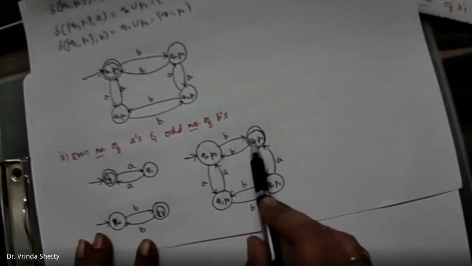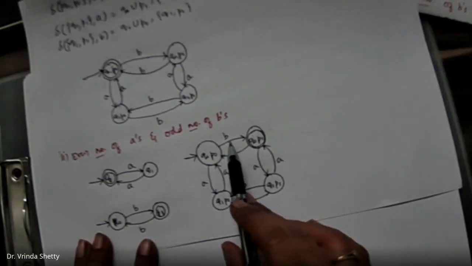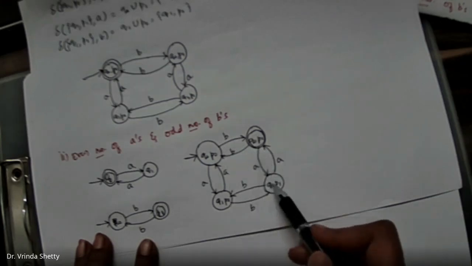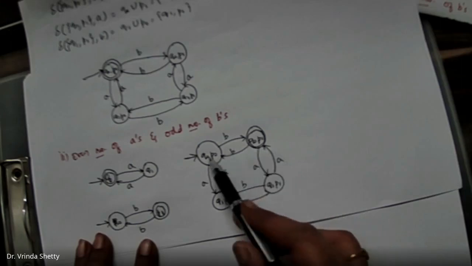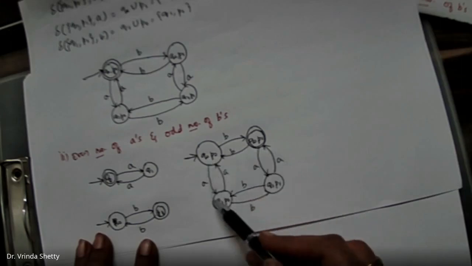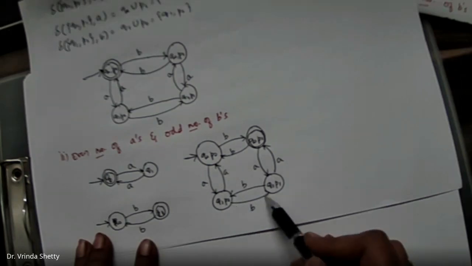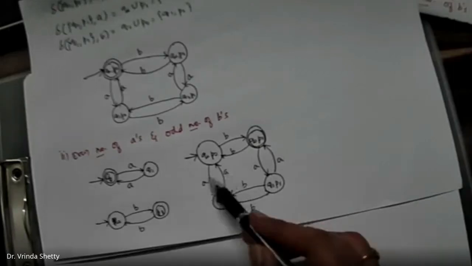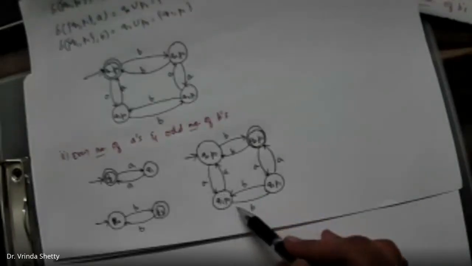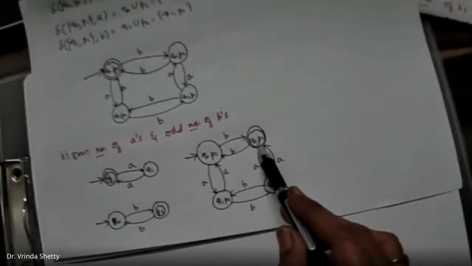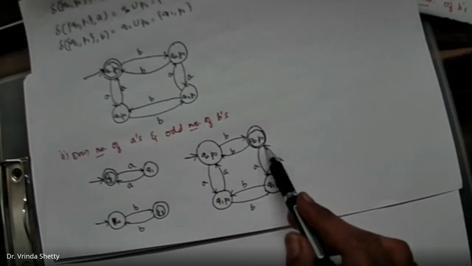Check here. One B, simple way. One B, what is it doing? It is going to odd number, it is going to the final state. Even number of A's, go here, non-final. Again, go here, final state. If you come in this fashion also, 1, 2 A's, then 3, 1 B, then go here, 1 A, 2, 3 A's we have got, 1 B we have got, the fourth A, then it goes to an accepting state, a final state.